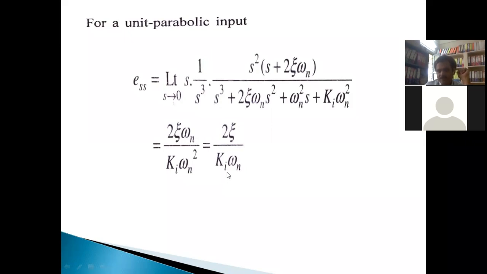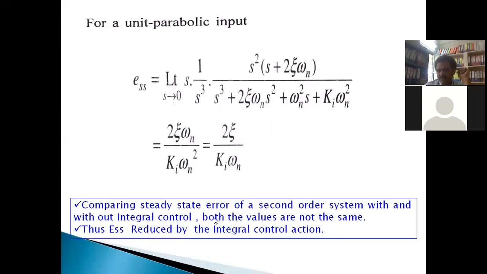Okay, integral controller constant ki. So if we increase this value, automatically the steady state error value will get reduced. So we can conclude that. So comparing the steady state error of the second order system with the integral controller, the steady state error is reduced by integral control action.